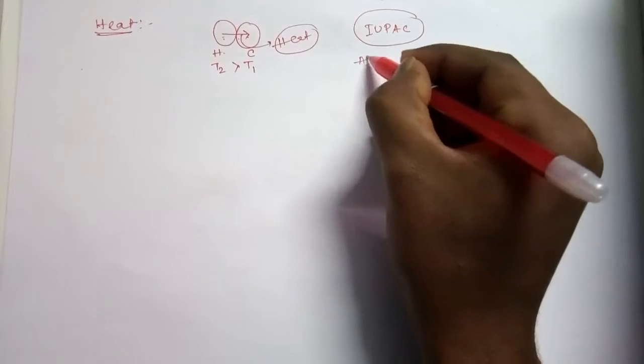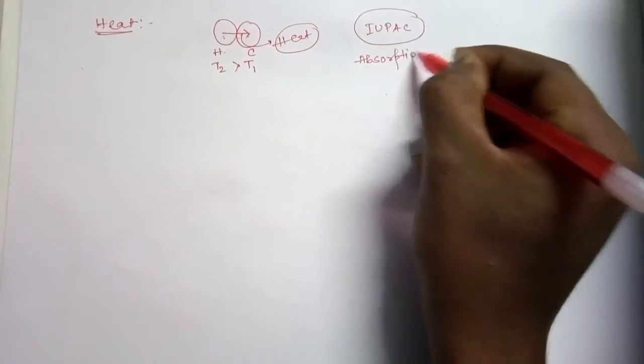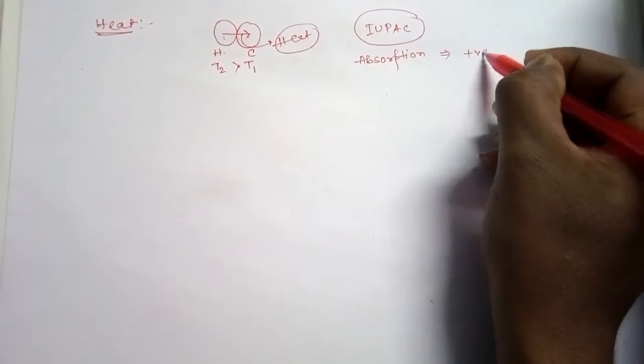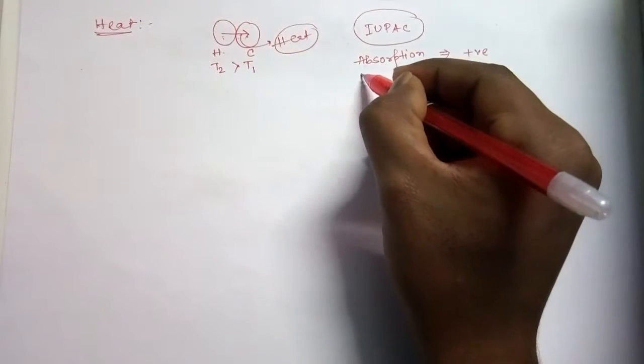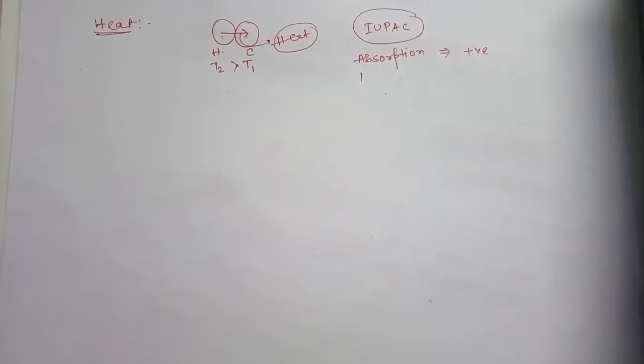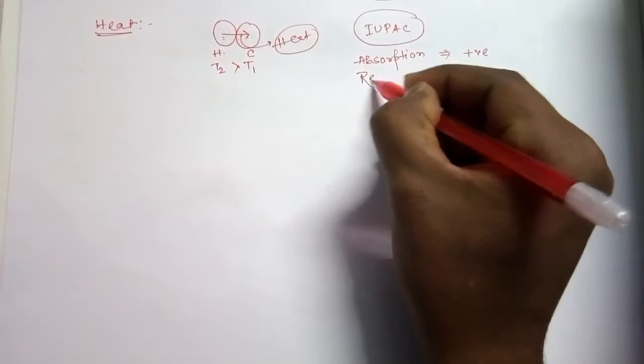The absorption is taken as positive, and rejection, or emission of heat, is negative.